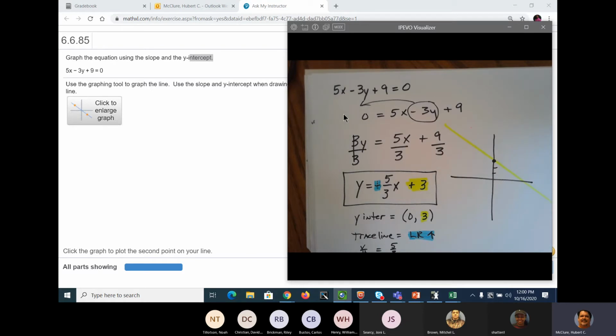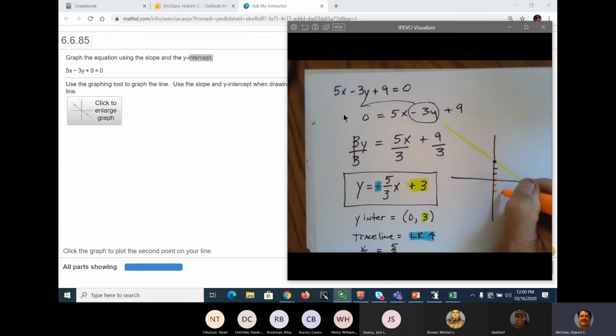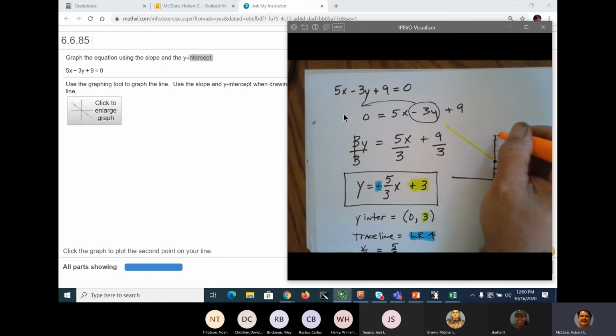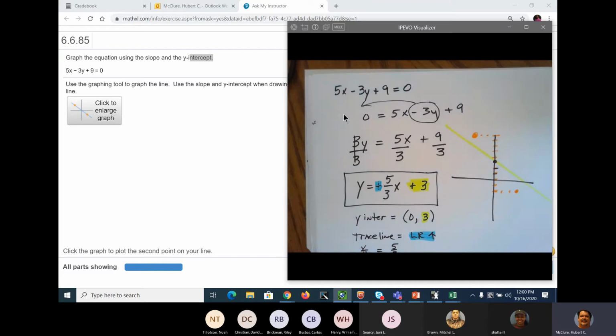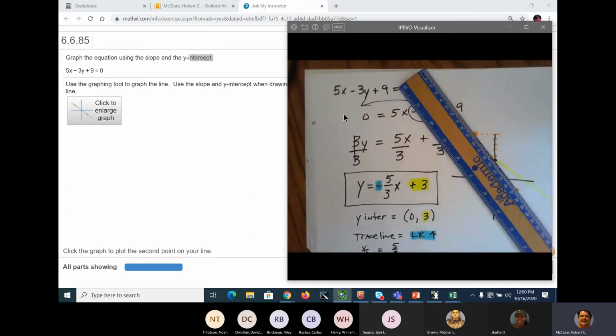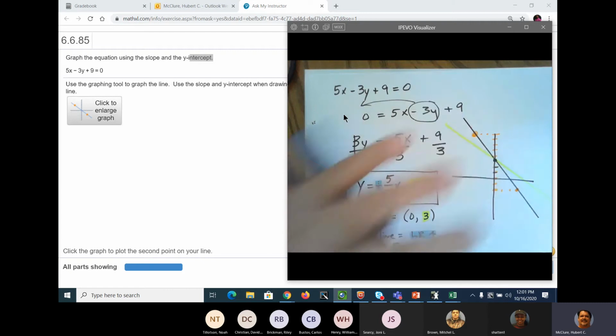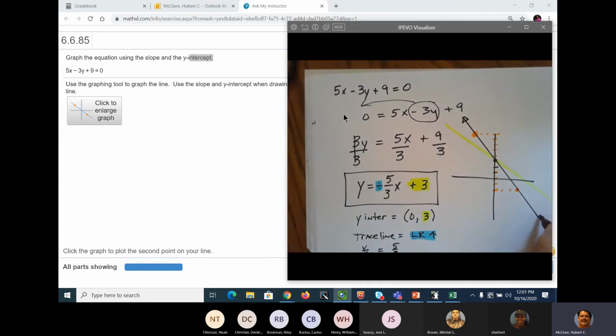And now 5 up or 5 down, whichever one you want to do. I'll do this in yellow or orange. 5 down, 1, 2, 3, 4, 5, and 3 over, 1, 2, 3. I got to go over here 3 because there's where my trace line is. And there is your line. Method 3. And once you draw your line, you can erase your trace line if you're doing it on paper.